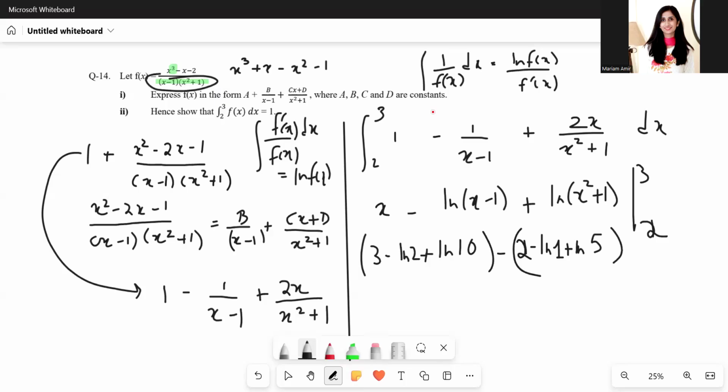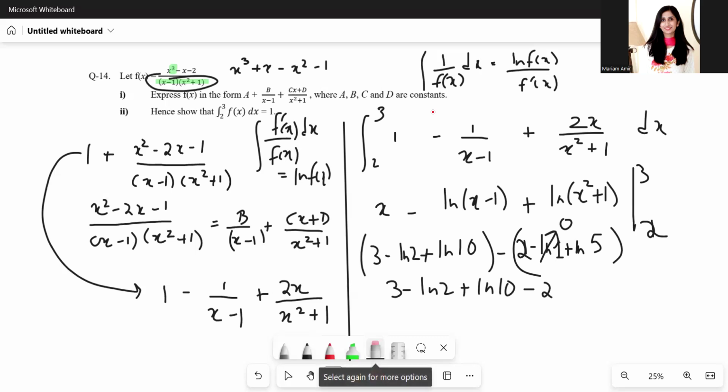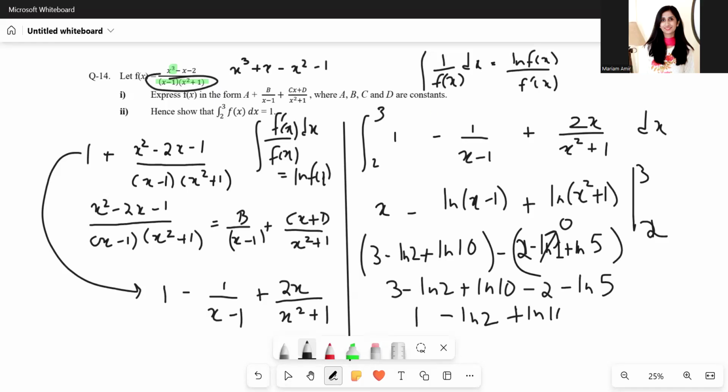Okay, so we get 3 minus ln 2 plus ln 10 minus 2 plus, in fact, this is just 0, so we can ignore it. Then minus ln 5. Okay, we need to show that this is equal to 1. So we get a 1 here. Then we have minus ln 2 plus ln 10 and minus ln 5.